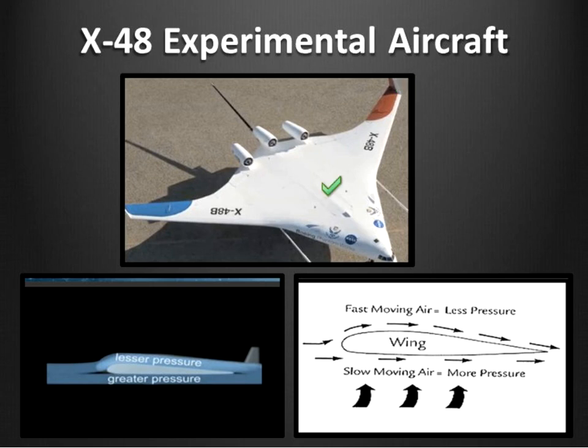Now, it is really cool because it doesn't have a really distinctive fuselage or wing. It's kind of a combination of both. And what they're doing right now is studying it.